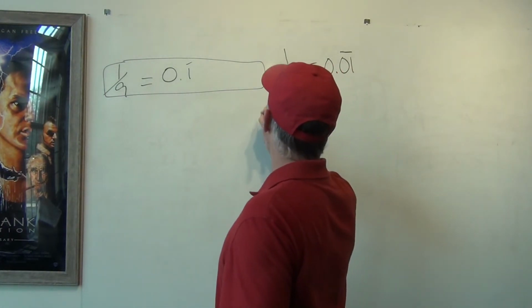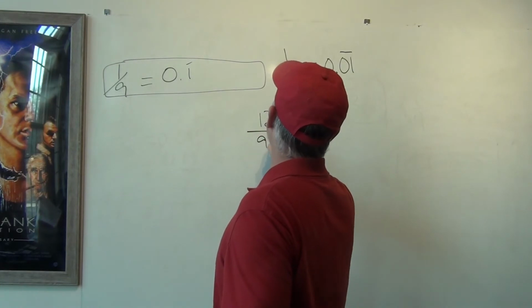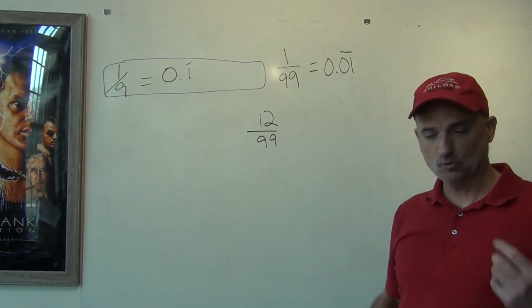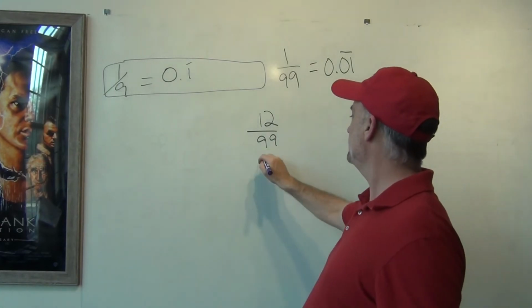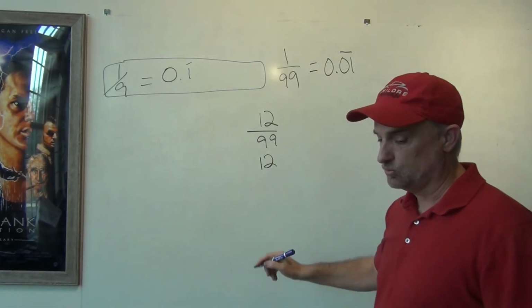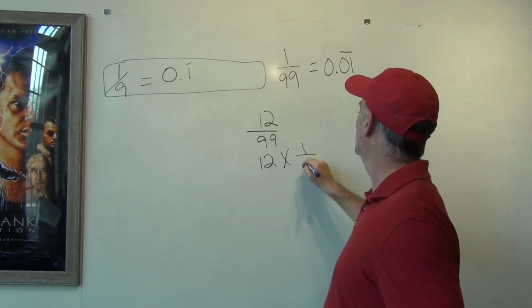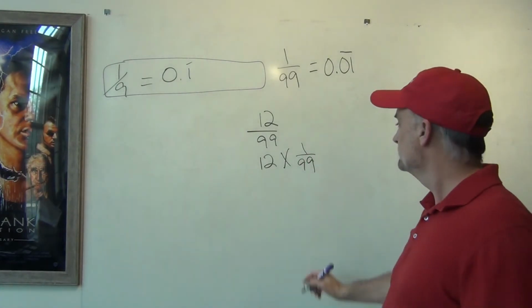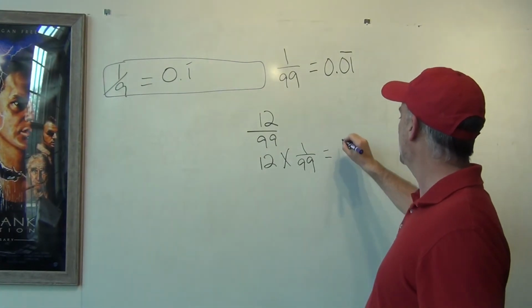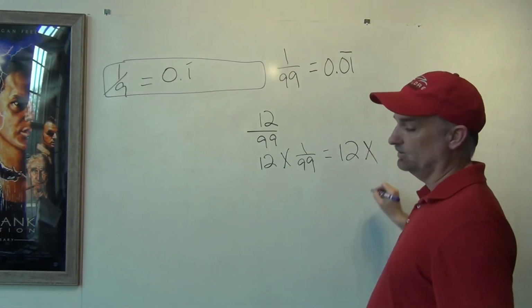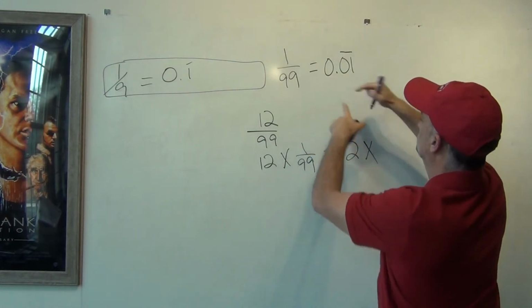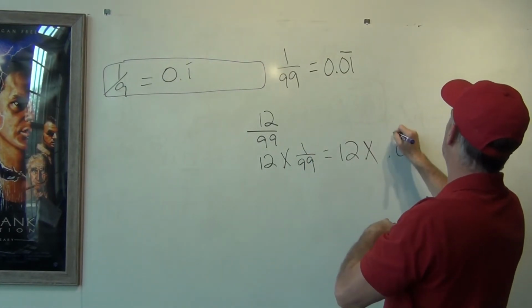So what if we had 12/99? Well, isn't that the same as saying 12 times 1 over 99? Isn't that 12 times, I'm converting, 0.01 repeater?